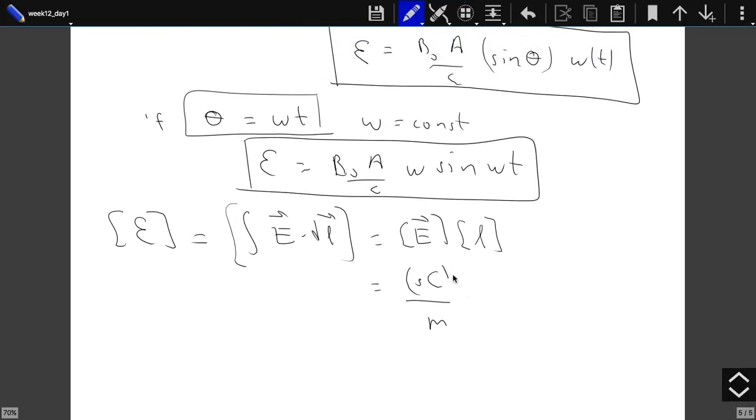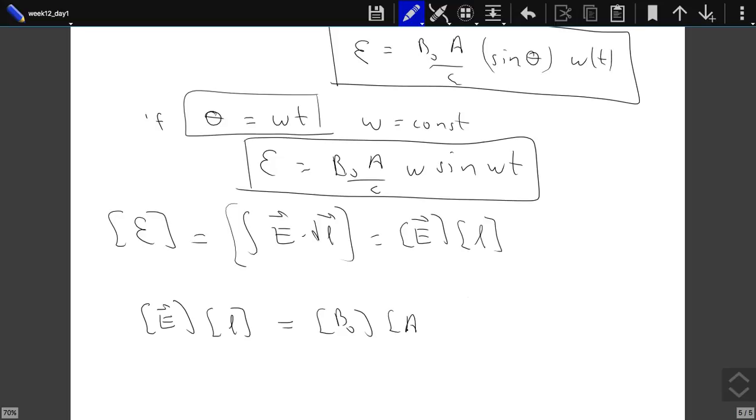Well, you see, in fact, we don't need that. If the units match, unit of the electric field times the unit of L should be equal to unit of B0 times the unit of A over C, unit of omega. Sine omega t is unitless.